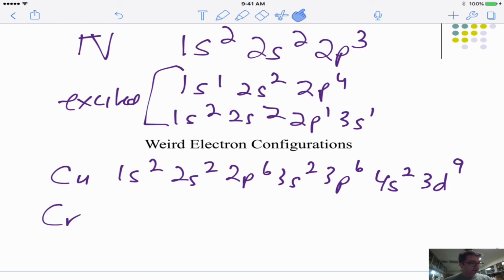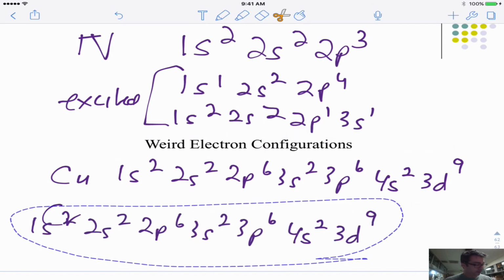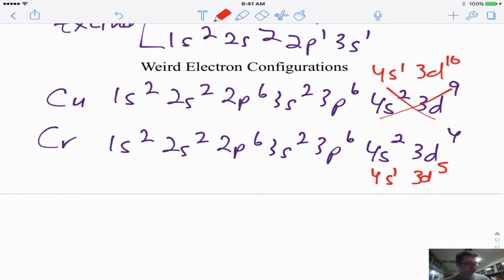And with chromium, if I copy and paste this, chromium should be almost the same, except at the end here, this should be 4s2, 3d4. And it turns out both of those are incorrect. They actually go like this. Their last part of their configuration is 4s1, 3d10 for copper, and 4s1, 3d5 for chromium.